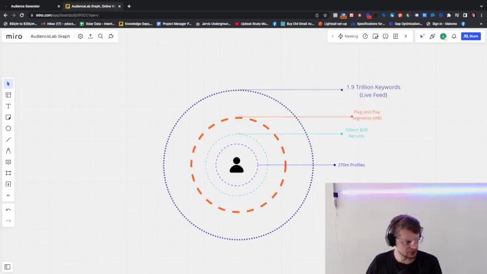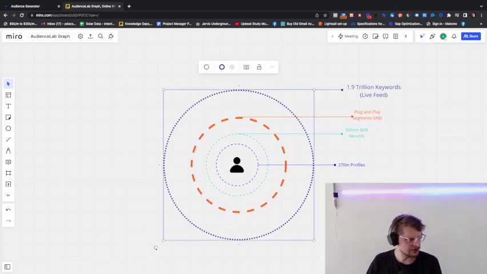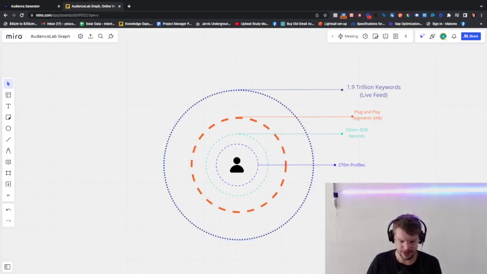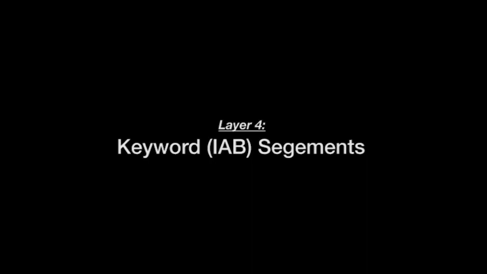I couldn't draw out 1.9 trillion dots, but all these little dots here represent keyword searches. So we're looking at a search somebody actually makes or a website they go to. It's based on the URL, as in the keywords in the URL, and also on the keywords that people search in these search engines.